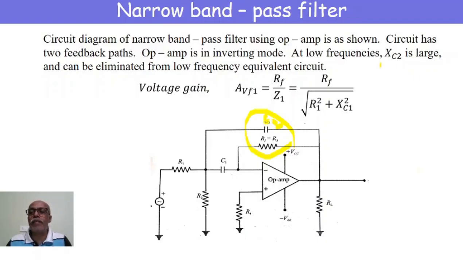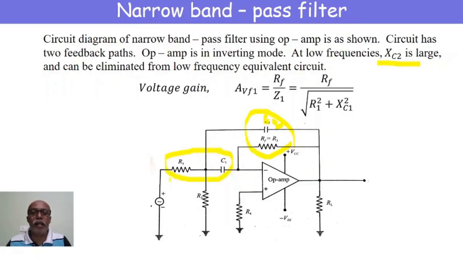At low frequencies, XC2 value is large and can be eliminated from the low frequency equivalent circuit. The voltage gain of this is AVF1 equals RF by Z1, that is equal to RF by root of R1 square plus XC1 square, of these two, R1 and C1.